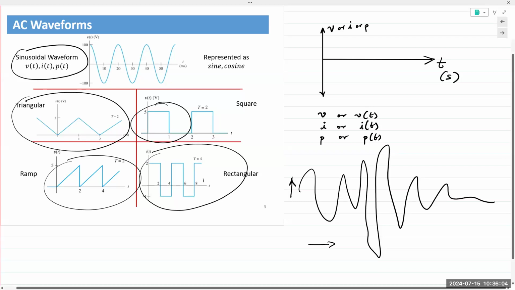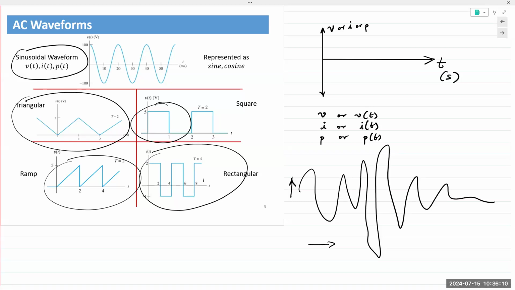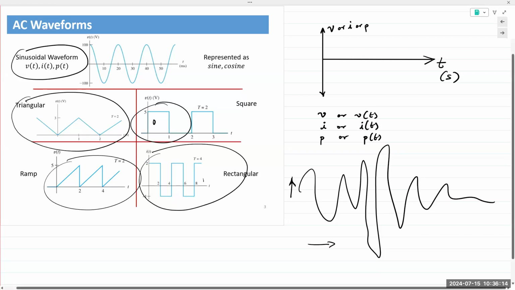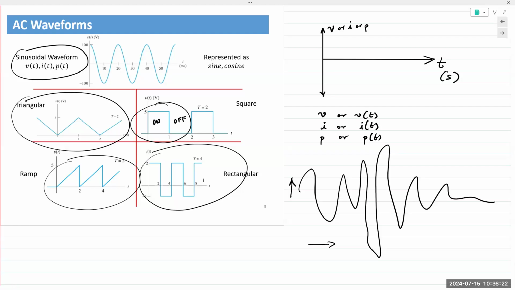The rectangular and square waveforms are primarily used in digital, where you either have it on or off. On is basically where the waveform has a value. Off is where the value is 0. So all digital logic circuits are based on square and rectangular pulses. It's either on or off, meaning it's either 0 or 1.